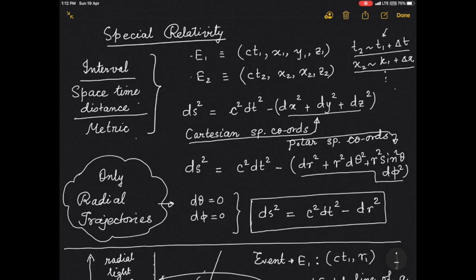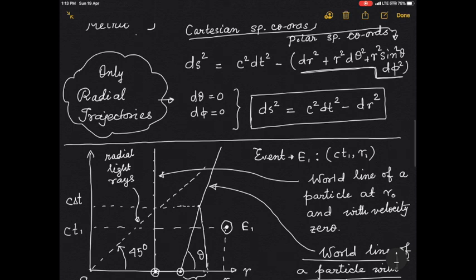When I write in terms of Cartesian spatial coordinates, but I can also write in terms of polar coordinates, where it comes out to be what is written over here. And then we said we will consider only radial trajectories, where d phi and d theta become 0, and we get ds square like this.